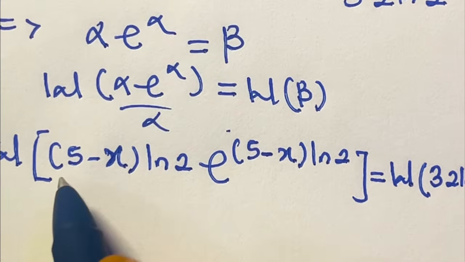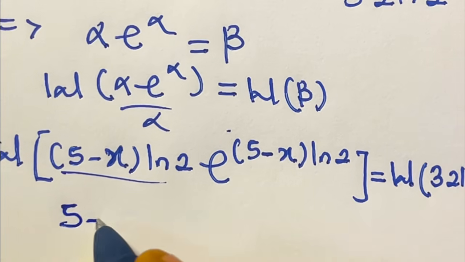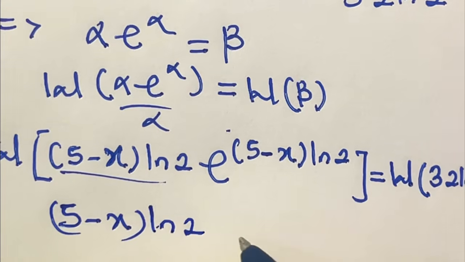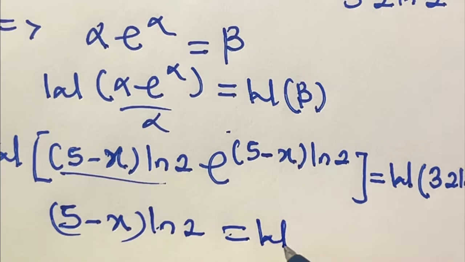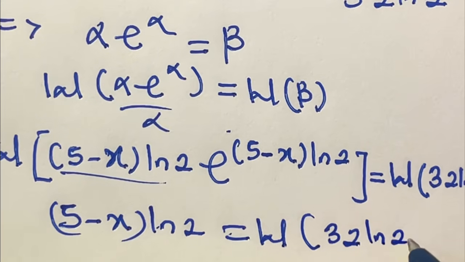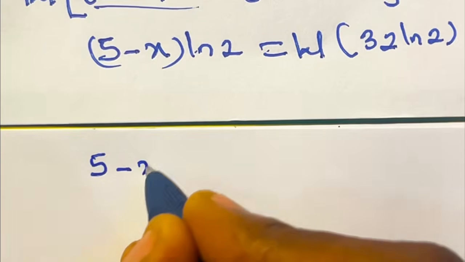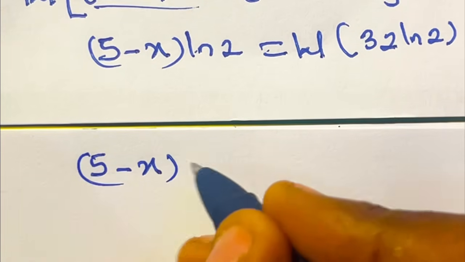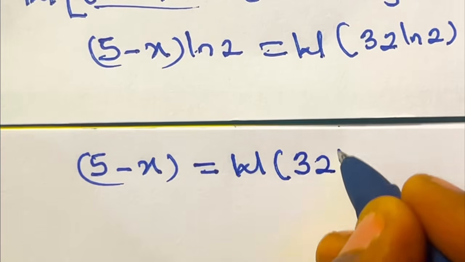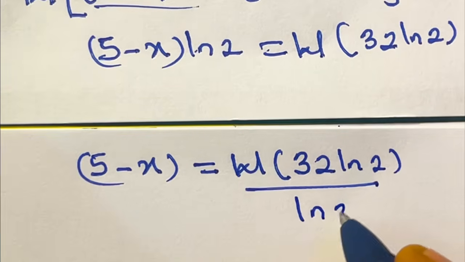Since we have this and this, remember what I said, we are going to have 5 minus x ln 2 equals the Lambert function of 32 ln 2. So we can easily divide both sides by ln 2, so that we have 5 minus x equals the Lambert function of 32 ln 2 divided by ln 2.